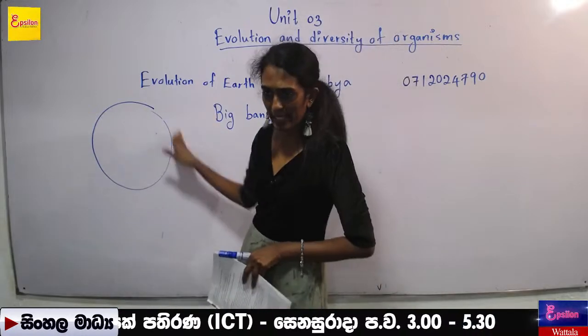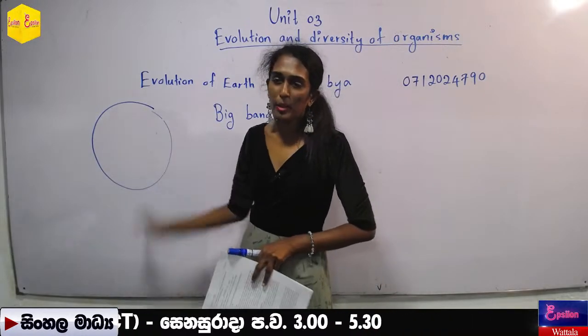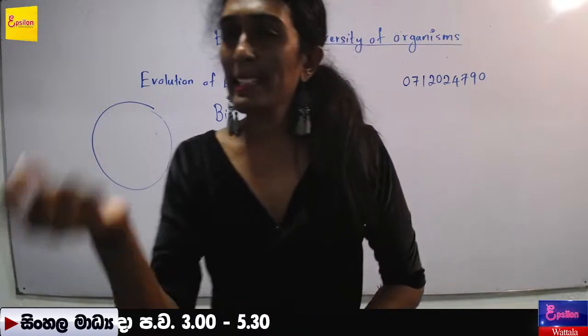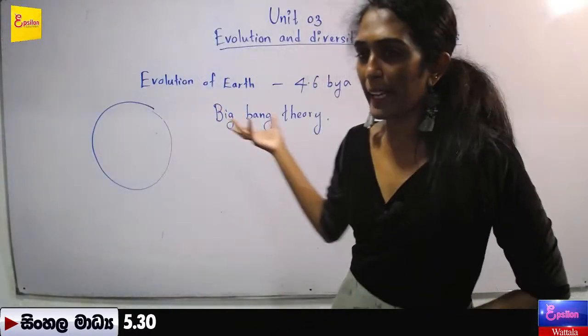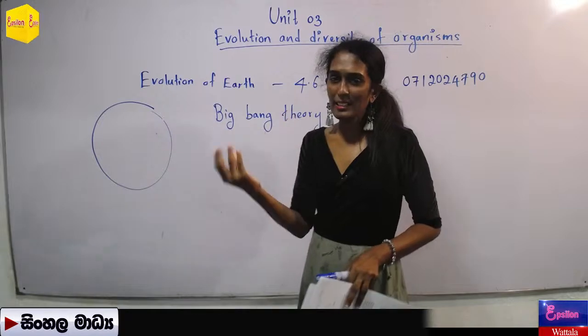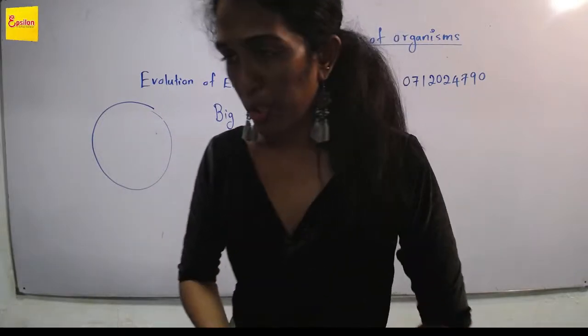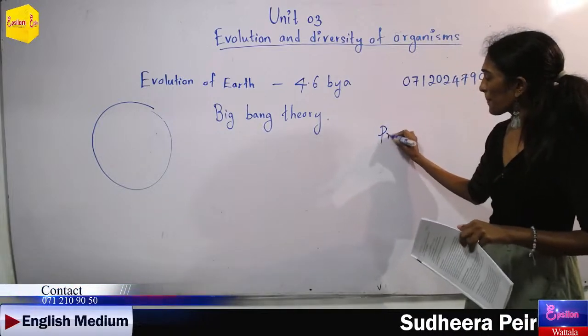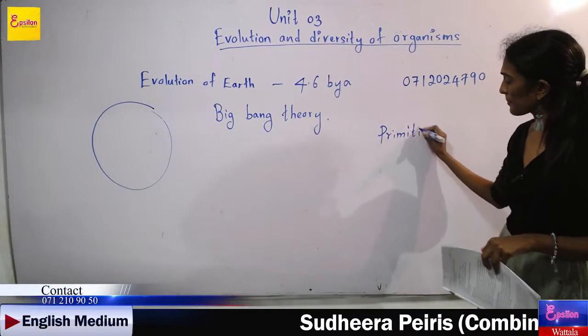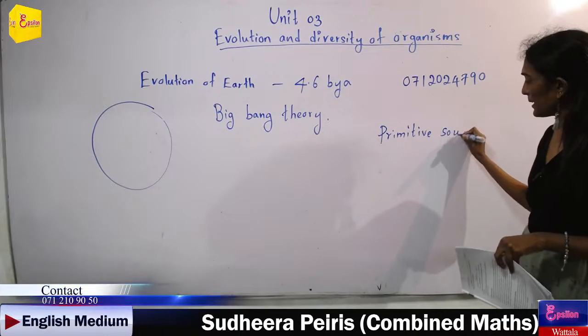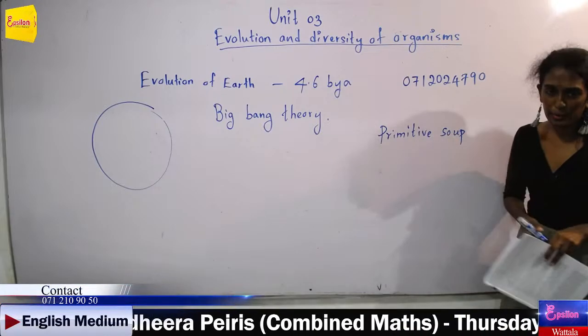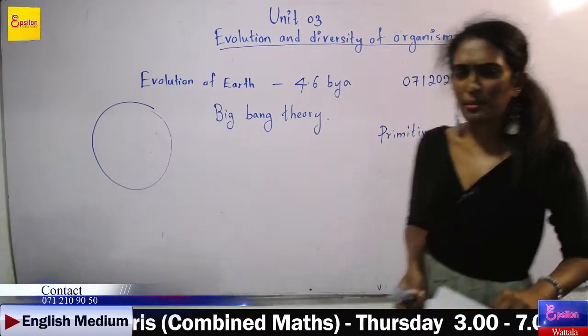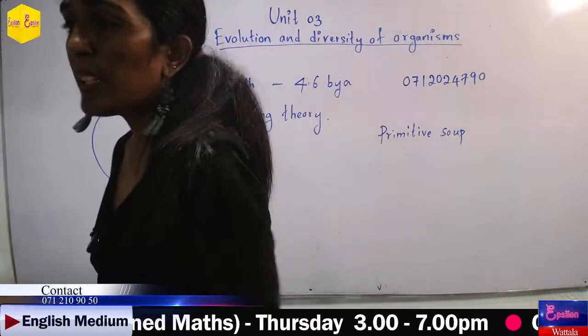Now these organic molecules are in the sea. The sea had a lot of compounds formed in the atmosphere, so the sea was like a concentrated solution. We call it primitive soup. It's like a concentrated salt solution, having many compounds which were formed and washed away with the rain.